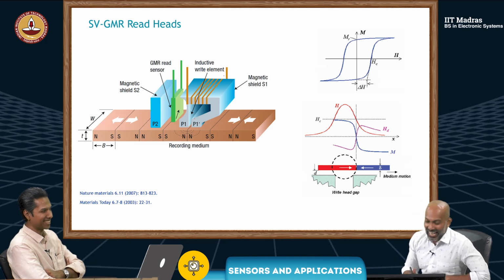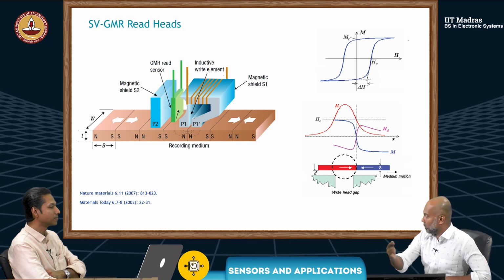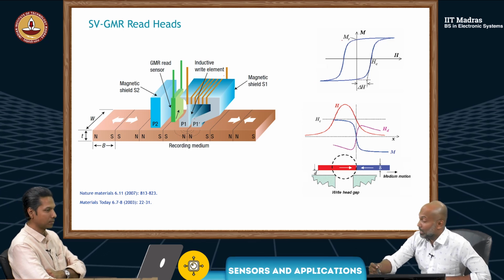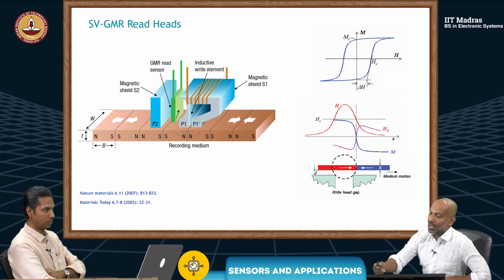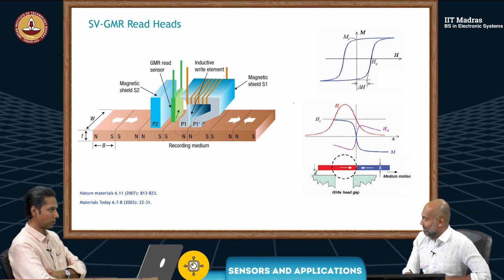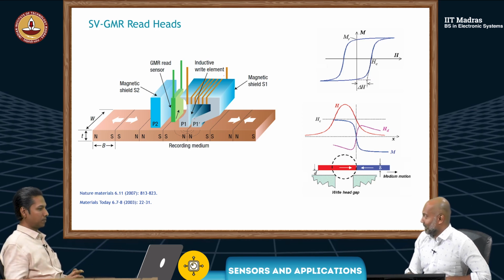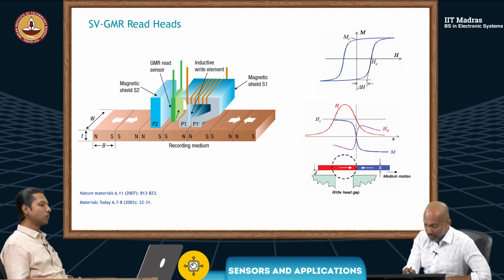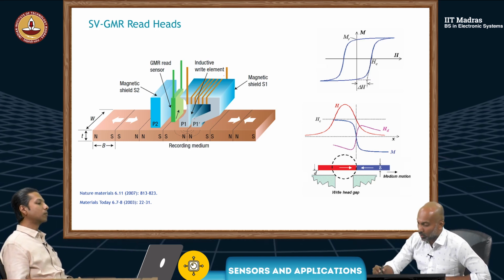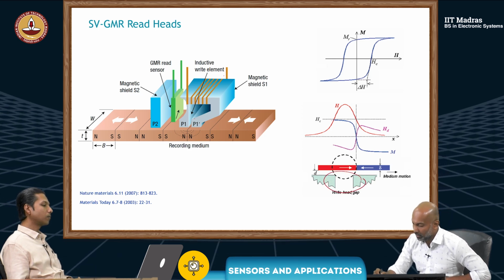If you take the recorded medium, you have to switch the magnetizations. Let's say this is the BH curve. Students know this because we did the hysteresis loop with the flux gate. The whole idea is that we are switching magnetizations. Here you have your write head gap.